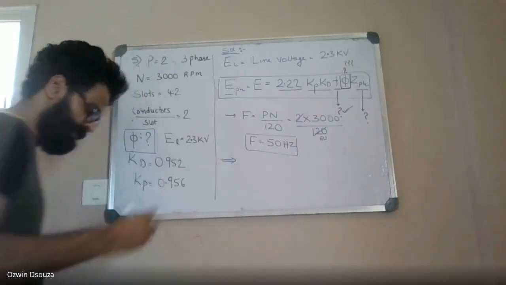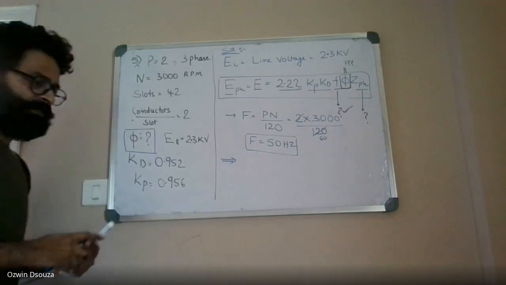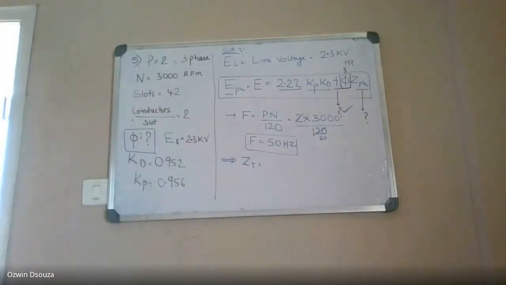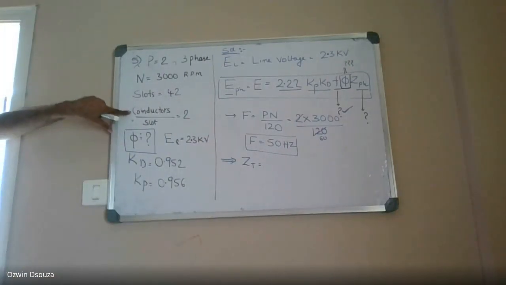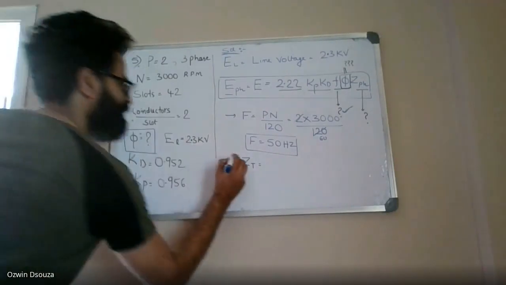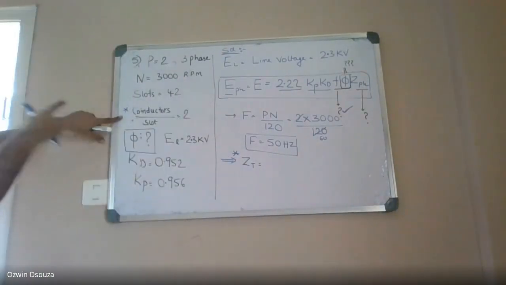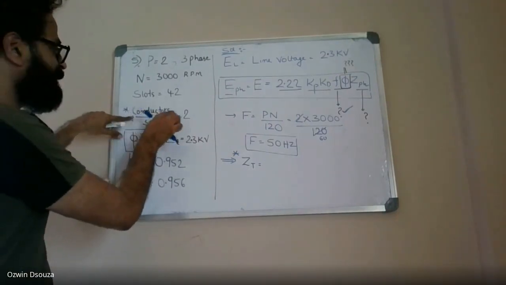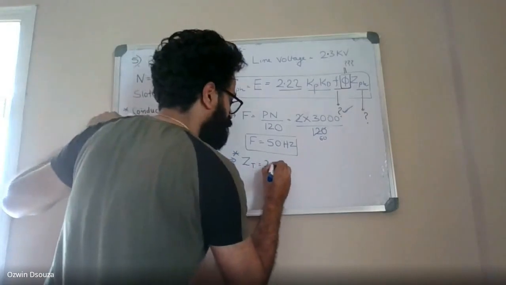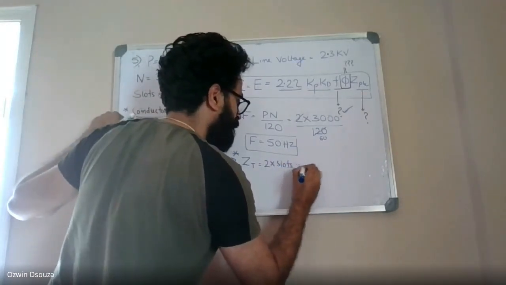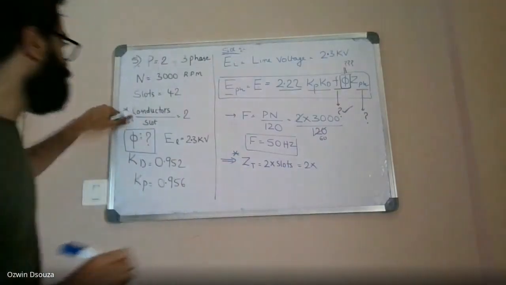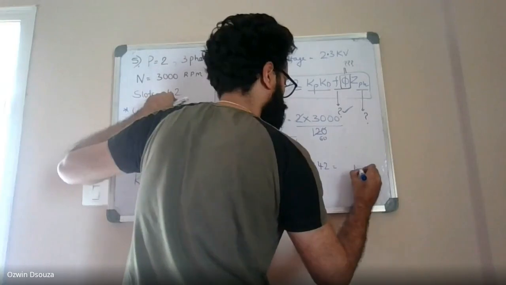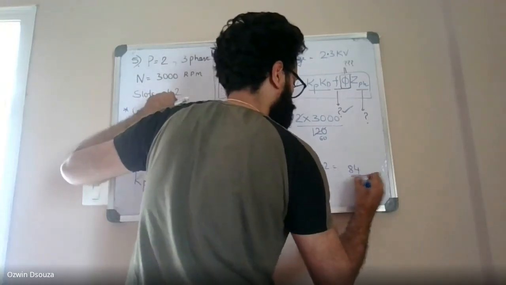Next you can find out Z phase. I think I have given the detailed formula to determine Z phase. So first you find out Z total. Z total can be found from this particular formula. I'll just provide a link. So Z total is equal to the number of conductors, which is 2 times slots. So 2 into 42 slots, so 84.